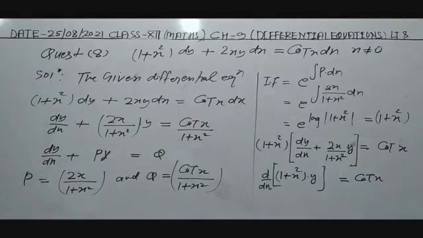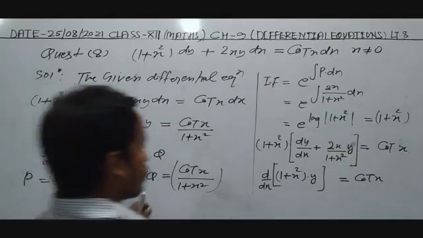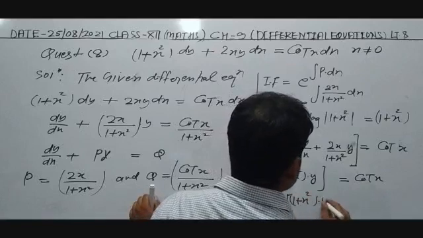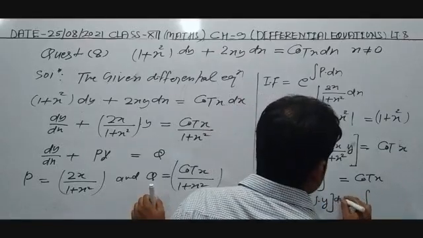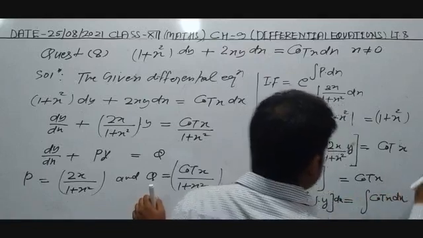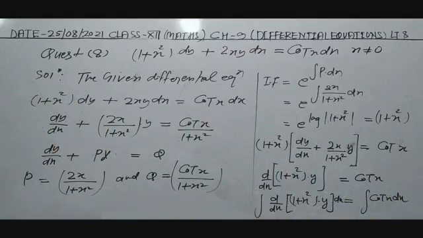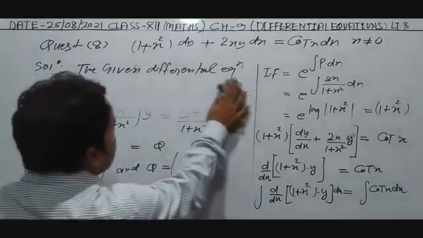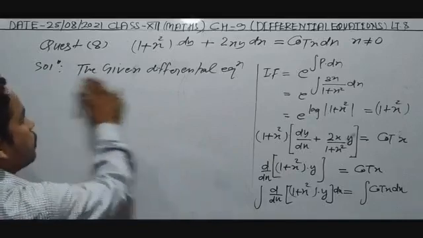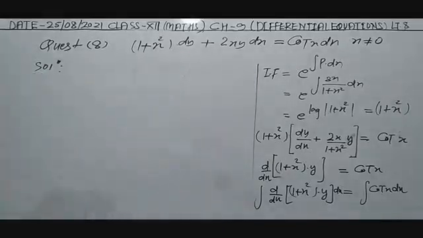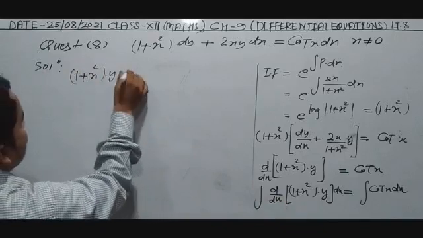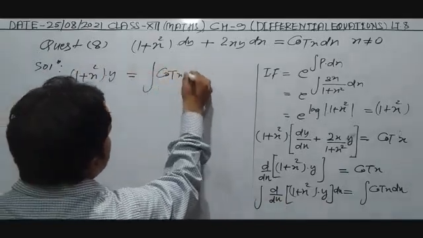So what will be the result? After operating the integration sign, d by dx of (1 plus x square) y gives y times (1 plus x square), and the right side is the integration of cot x dx.